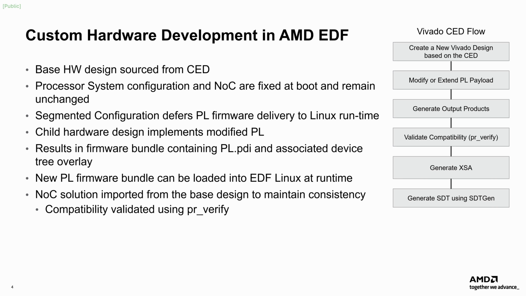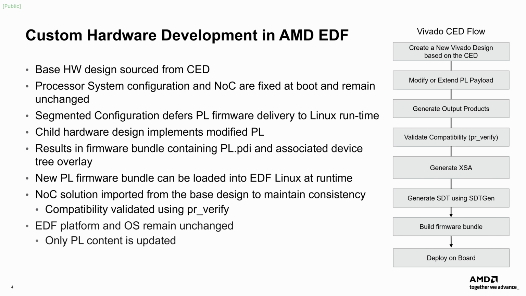The system device tree is extracted from the XSA, and a PL firmware bundle is created, which is then deployed back to the running VEK385 board running EDF Linux, and the new PL will be loaded and tested to ensure it is functioning properly. This approach enables custom hardware development without regenerating the base system image or modifying the EDF platform. Only the PL domain is updated.